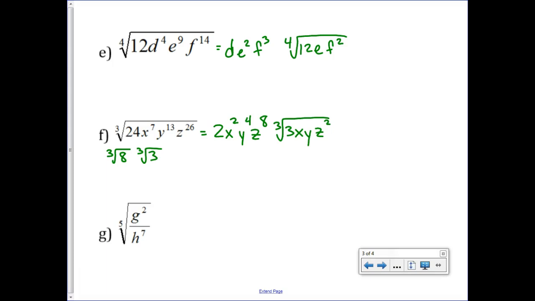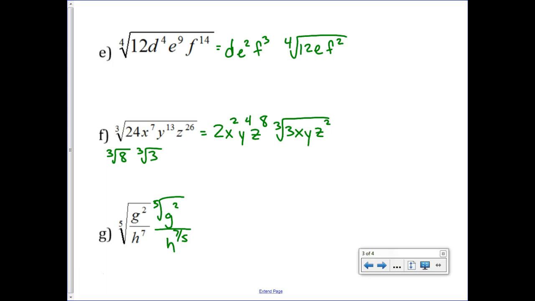All right, then I have the 5th root of g squared over h to the 7th. So I'm going to split that out just like we did before. And so this is g to the 2/5, or the 5th root of g squared. And this is h to the 7/5.